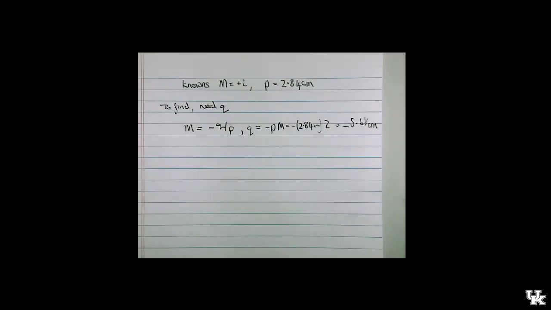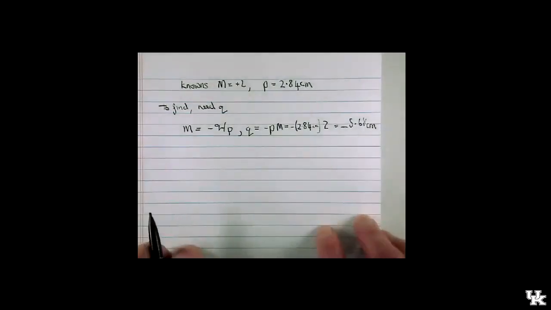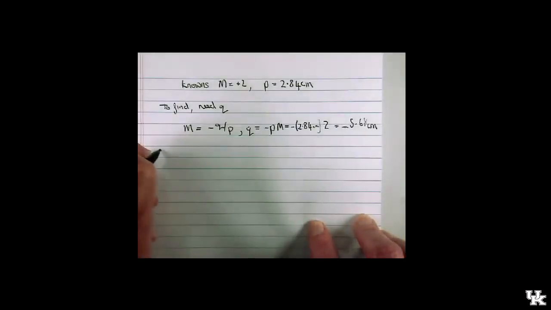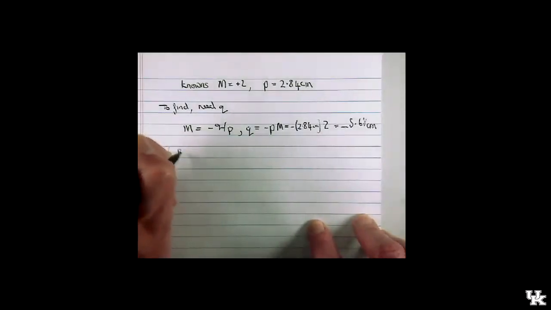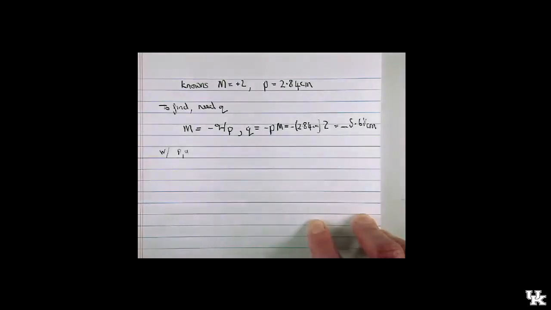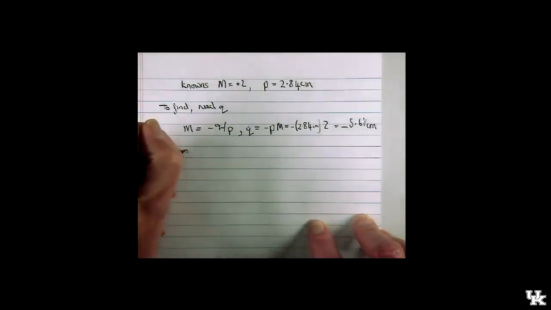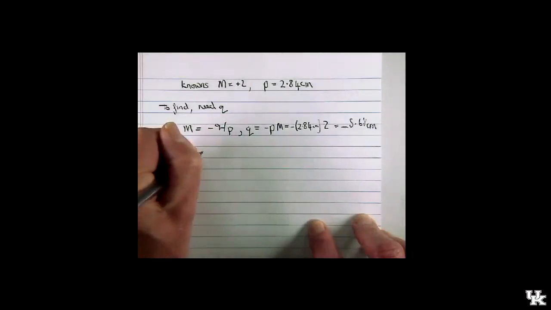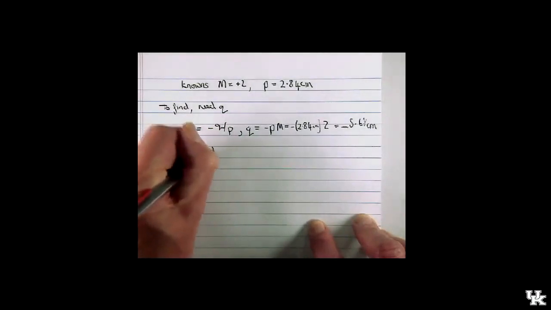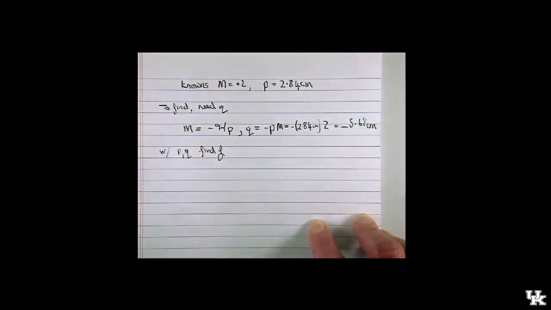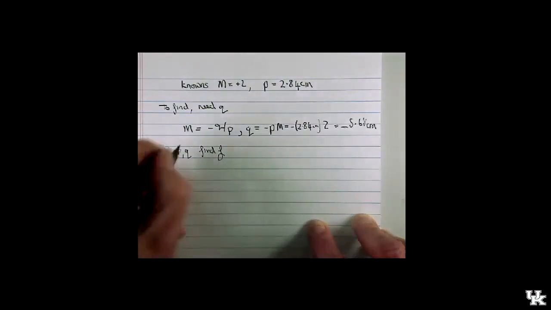So we got the image position now, knowing the magnification. And so in my mind, the second step: if I want the focal length, now I've got P and Q, which I now have. I can find F with the lens equation.